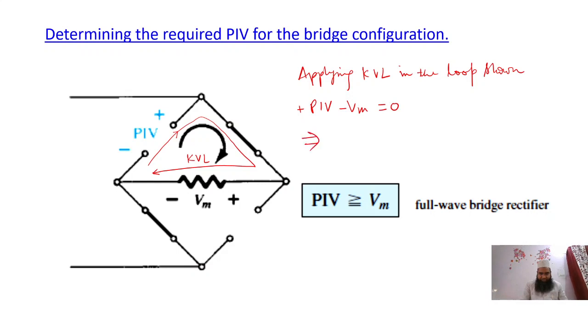Now we can write PIV equal to Vm. That is, the peak inverse voltage required for this diode will be the maximum secondary voltage, the same as that of the half wave rectifier.